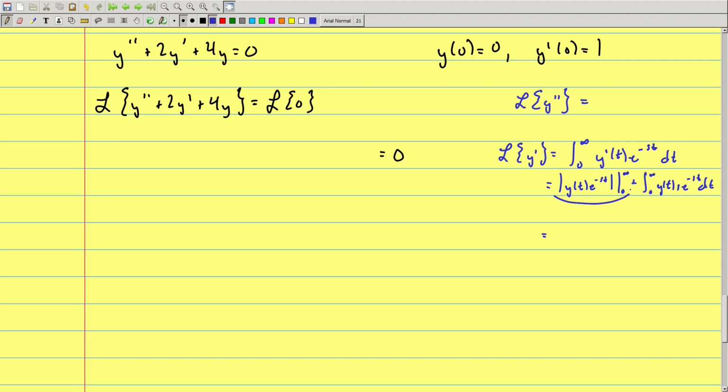We evaluate this here. Evaluating this requires a limit. We're going to have the limit as t approaches infinity of y of t e to the minus st. That's just this part.